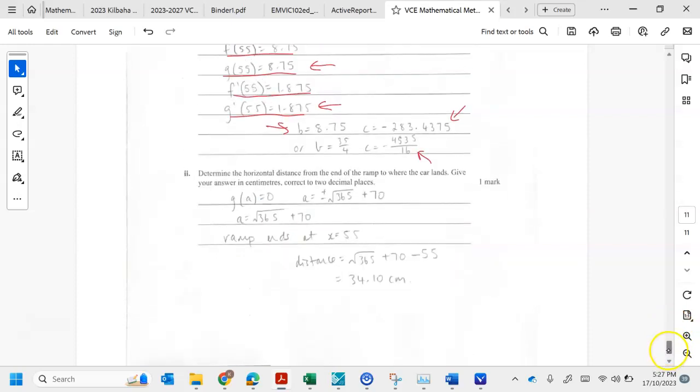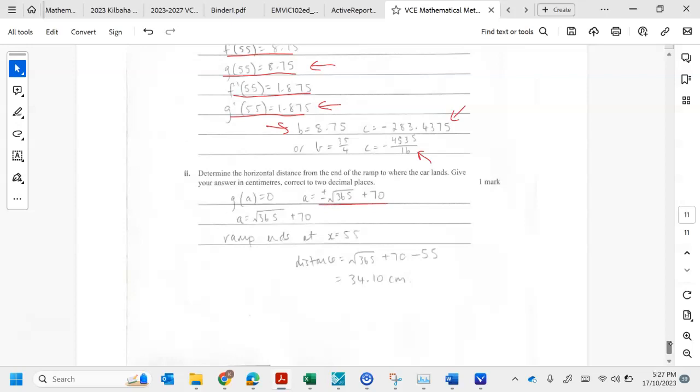And then the last one: determine the horizontal distance from the end of the ramp to where the car lands. G of A equals 0. You can just do that in your calculator. We get 2 values for A, so just make sure you're selecting the appropriate one.